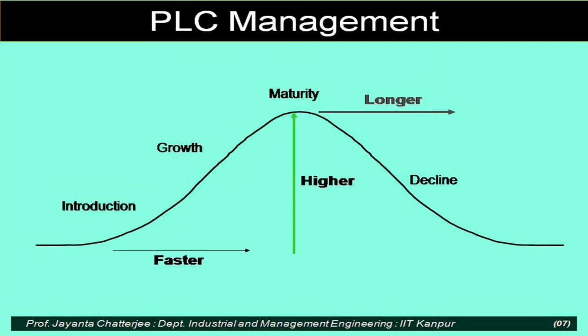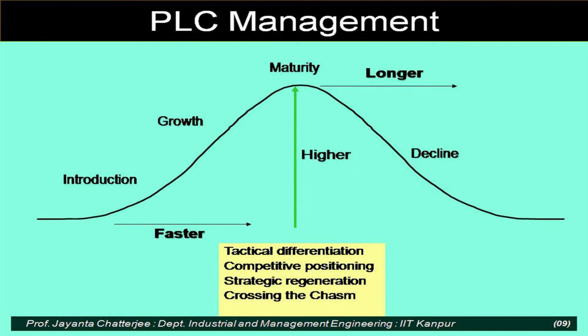So, lasting longer is an important objective. Moving faster towards growth is an important objective. And your sales for better profitability must actually be flexible to take these various positions as you go along the life cycle.